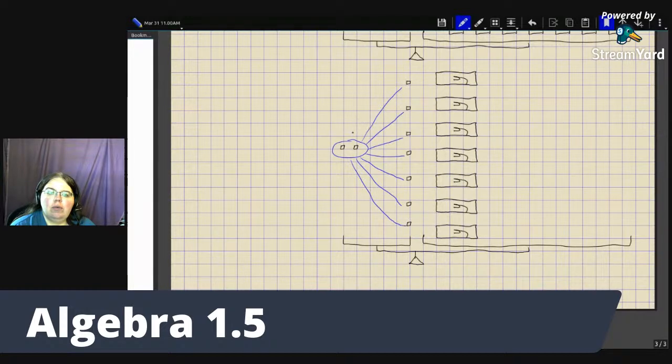So we have two wholes being split in 7 directions. Okay, so if we have those two wholes being split in 7 directions, then each of those directions will get 2/7 of a piece.